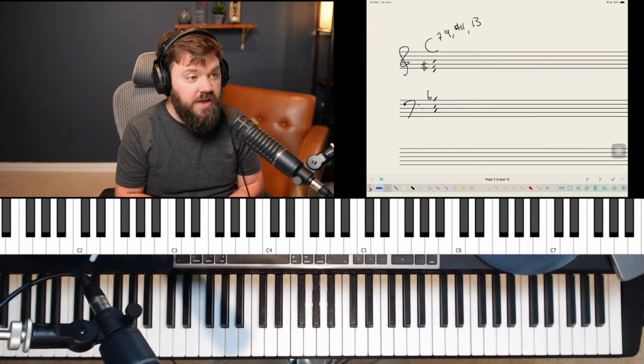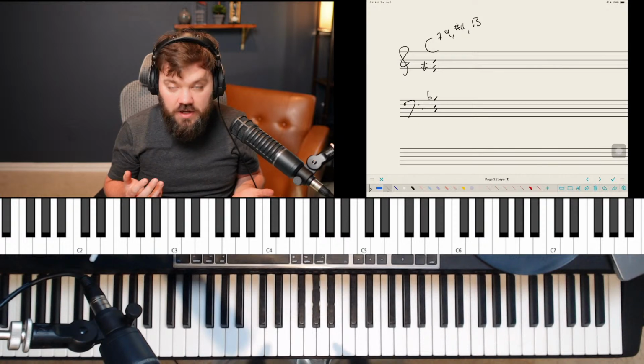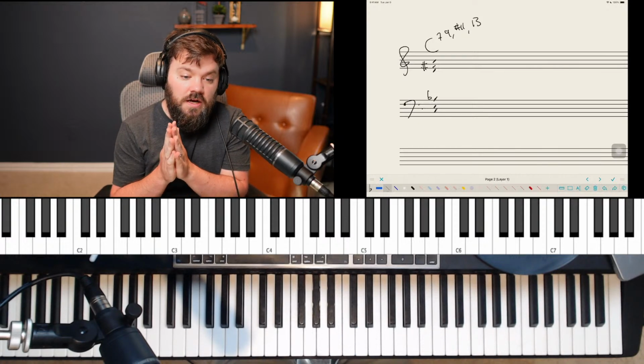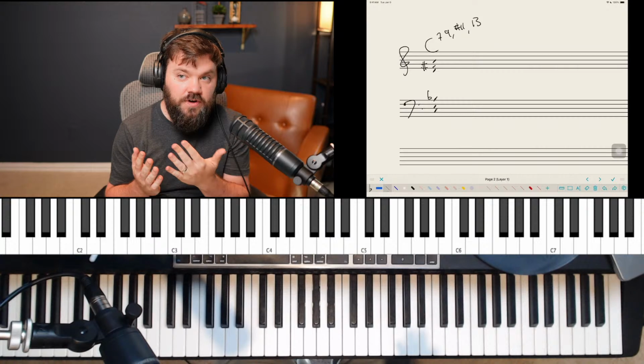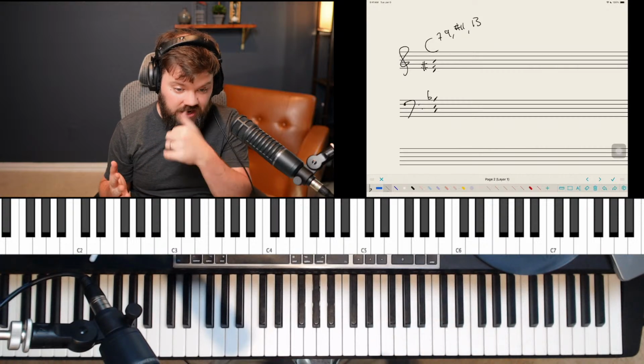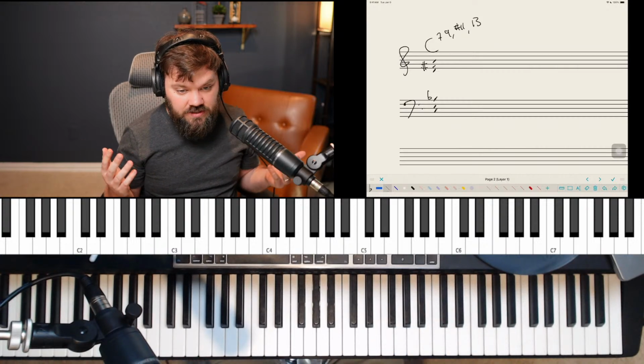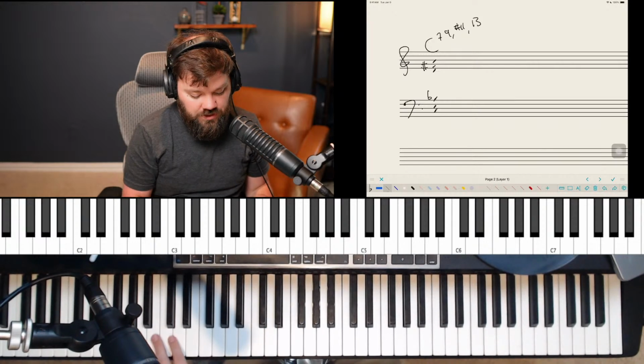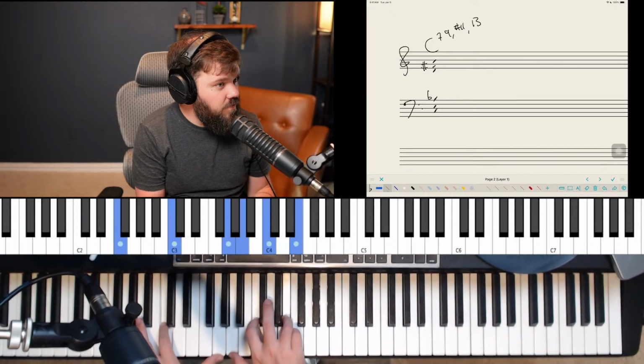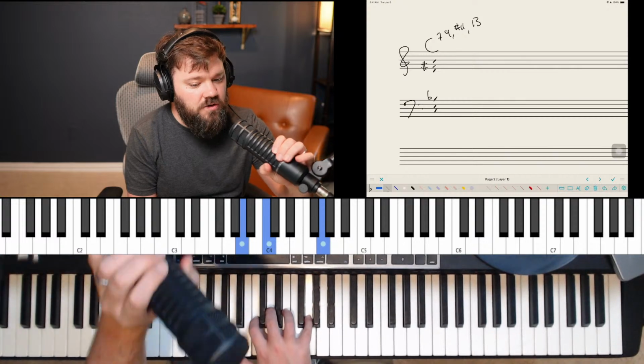The first one that came to my mind was Girl from Ipanema. The second chord, which is usually a dominant 9th chord, it's really easy to add that sharp 11 when you're soloing. Let me move this out a little bit.